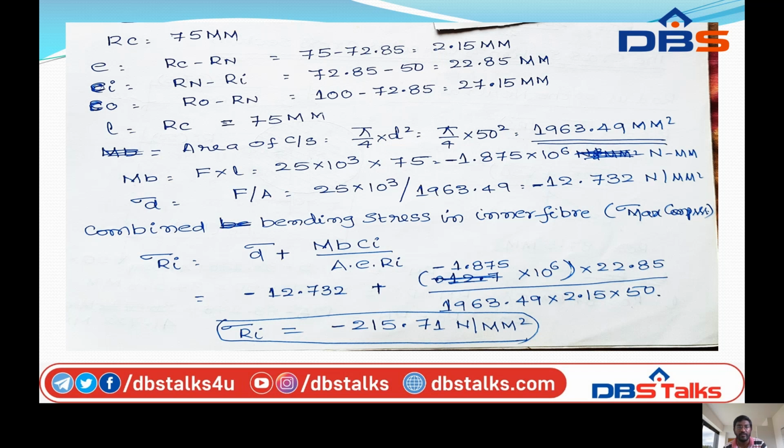Force 25 into 10 cube, into length 75, equal to minus 1.875 into 10 power 6 newton mm. Next, direct stress sigma d equals force by area, that is 25 into 10 cube by 1963.49, equal to minus 12.732 newton per mm square.